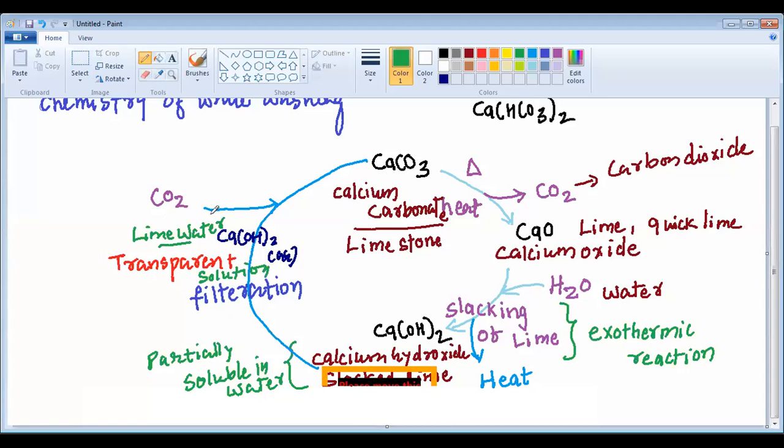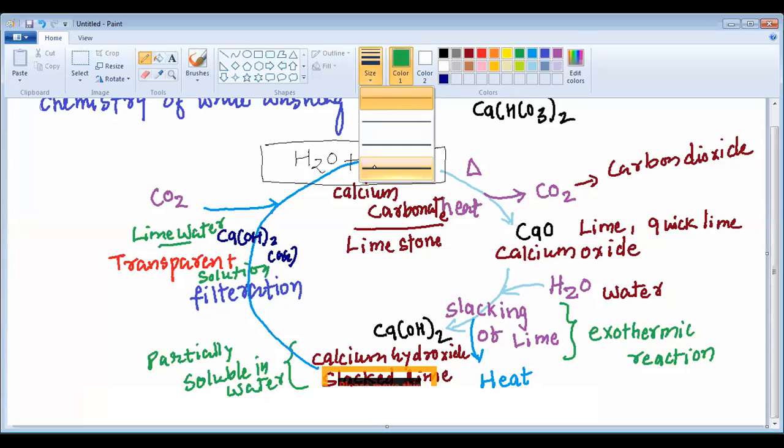From this solution, if we pass carbon dioxide gas, we will get a milky solution, my dear students. This milky solution actually contains CaCO3 and water. This lime water turns milky.